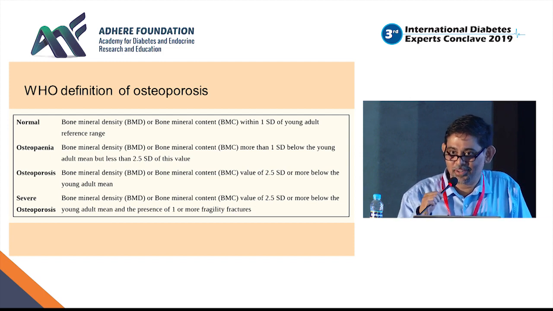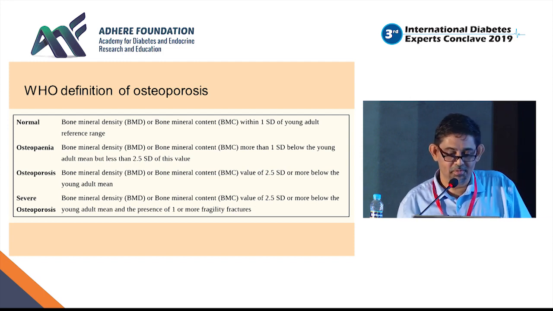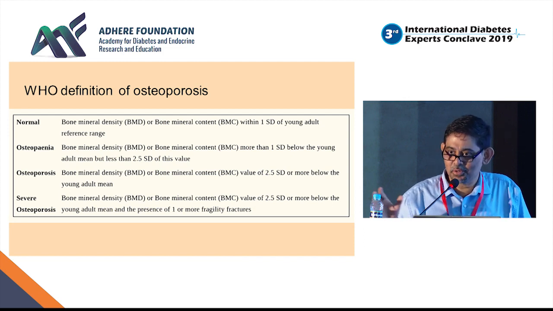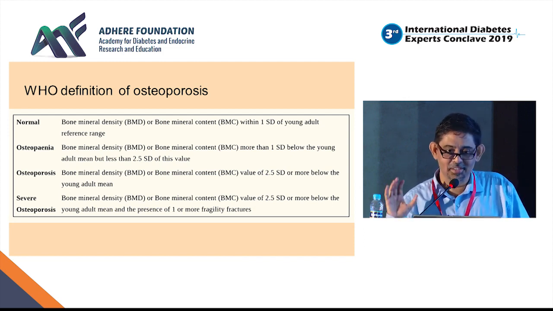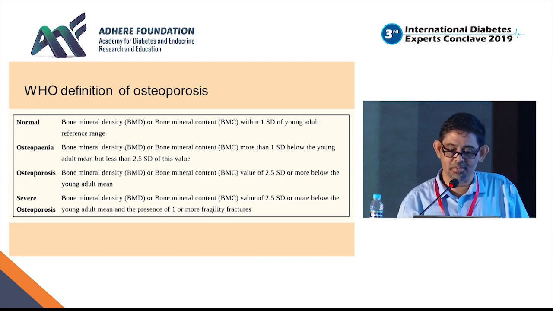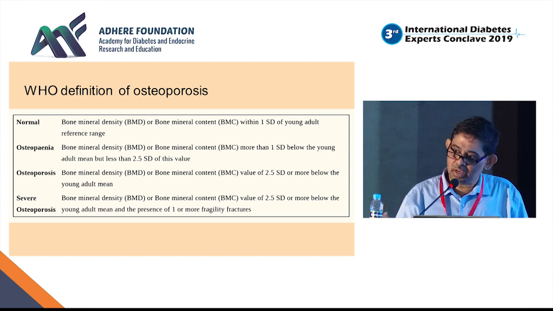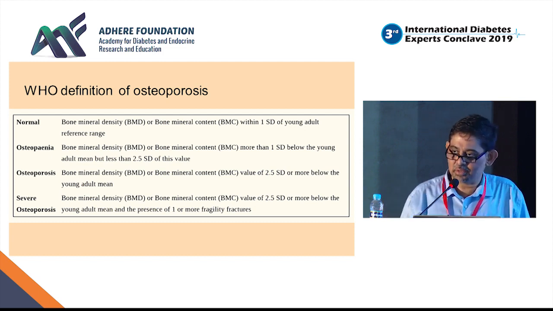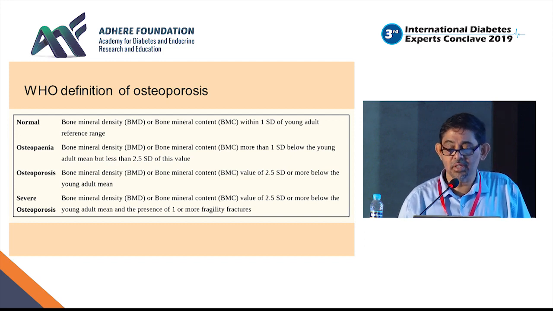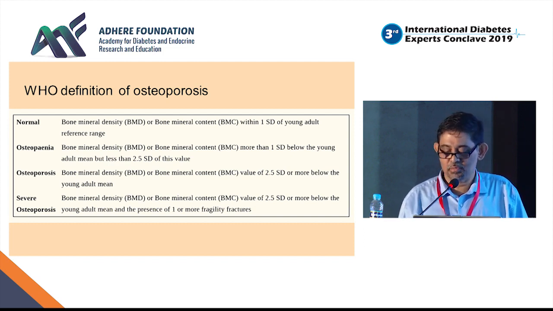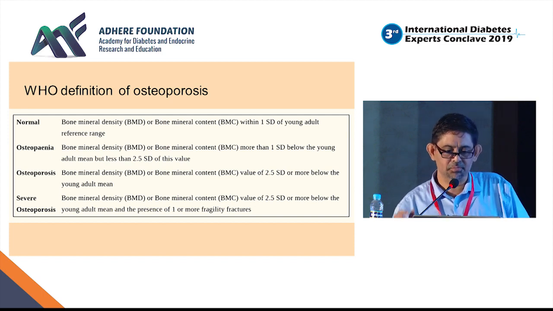I'm sure all of us became doctors because we were very good at maths. So I'm not going to tell you how to calculate a standard deviation. Just remember that the definition of osteoporosis is less than 2.5 standard deviations of the mean. Severe osteoporosis, on the other hand, is a clinical diagnosis where you need to have osteoporosis, that is less than 2.5 standard deviations, plus a fragility fracture. So this becomes then not a statistical diagnosis, but a clinical one.